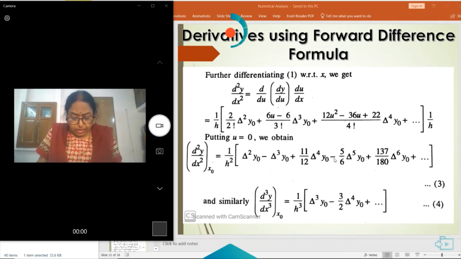Now again put u is equal to 0 in the table and we get what you can see on the screen. Similarly, d cube y by dx cube is equal to 1 by h cube, delta cube y0, as seen.